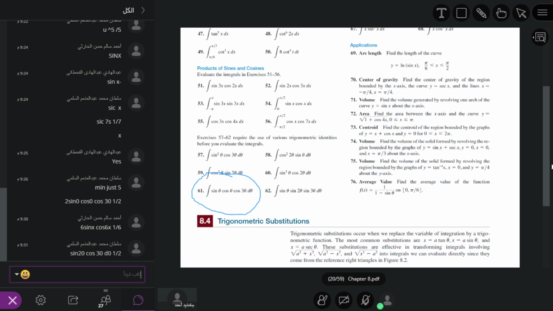Yes. Now which formula will we use? We will use the second formula. What is the second formula? If we have sine mx, cosine nx, it is equal to what?